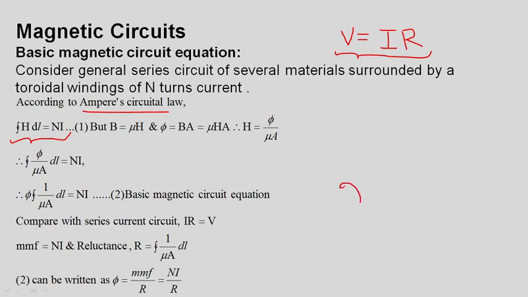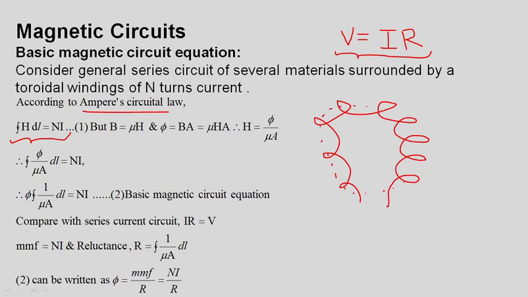For the toroid like this, we take the loop like this, an imaginary closed path, that is the Amperian loop. Then I is the current flowing in that toroid, and N is the total number of turns.